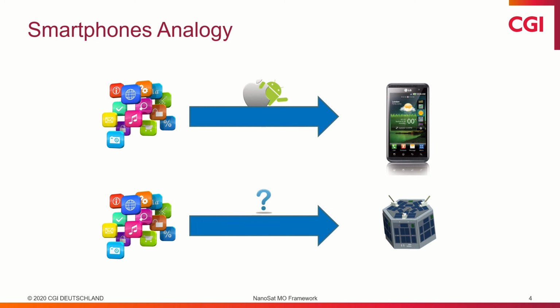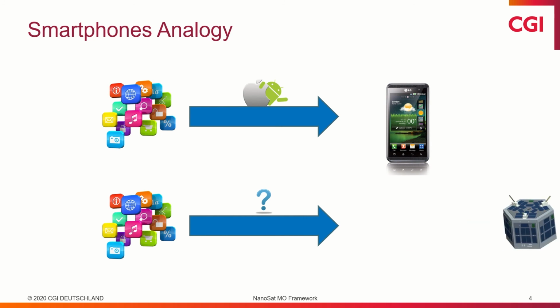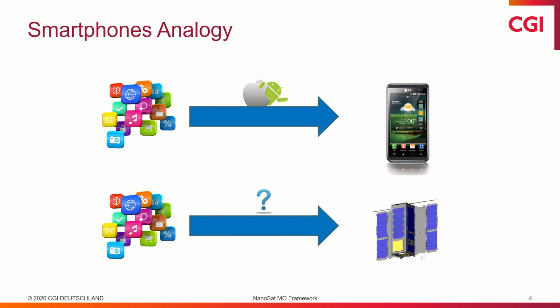In a similar way, you can apply the same idea to small satellites, and you can switch different nanosatellites, and what will be sitting in between your app and the spacecraft will be the NanoSat MO Framework.